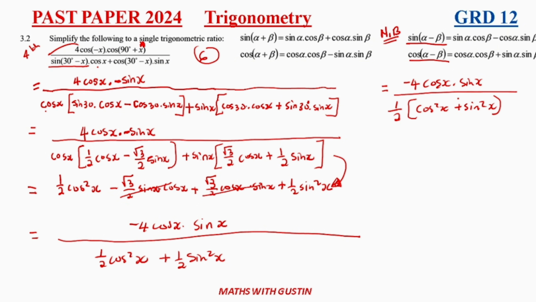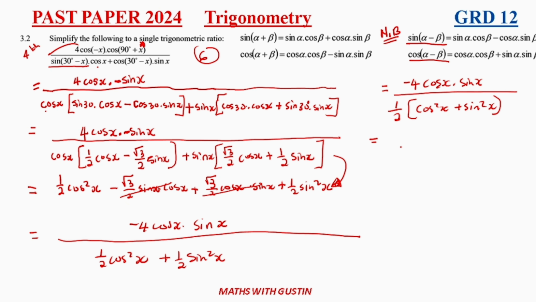All right, so now once you have that, we already know that this is an identity, guys. It can be simplified further.